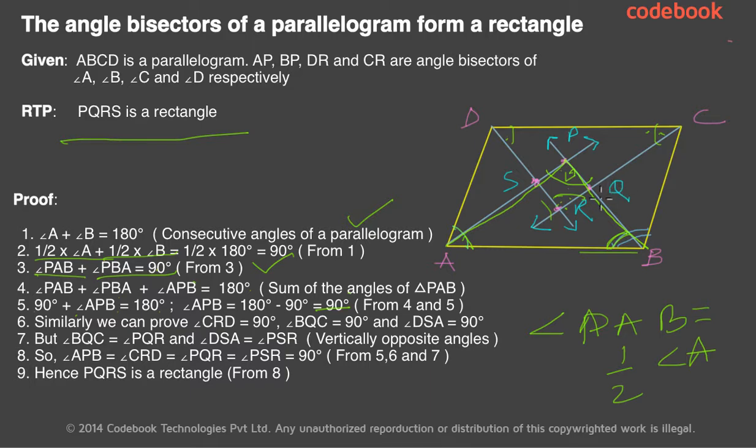So one thing to note is that when we try to prove these two angles, which are PSR and PQR, it's not as direct as the other two angles where we have proven them to be 90 degrees. If you observe, we can prove that half C plus half B plus this angle is equal to 180, and then we'll prove that this angle is 90 degrees, right?